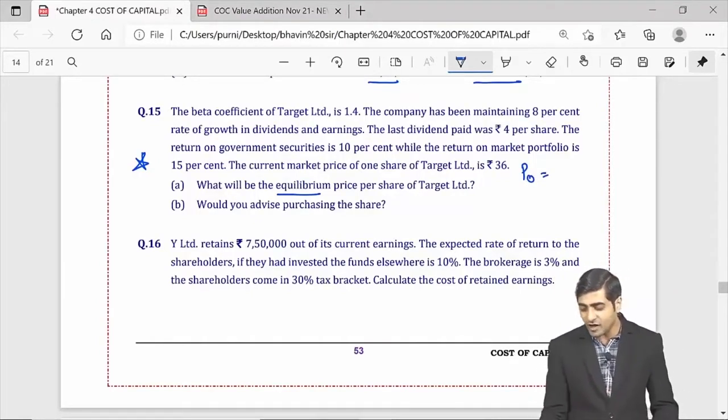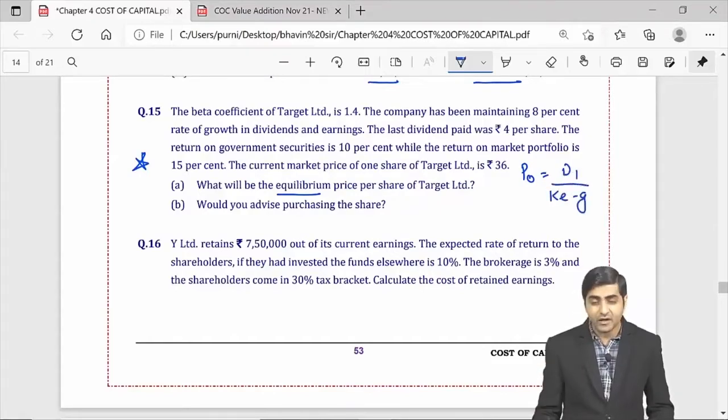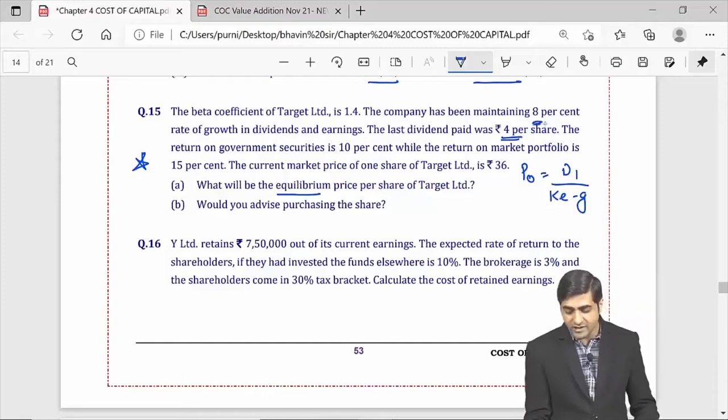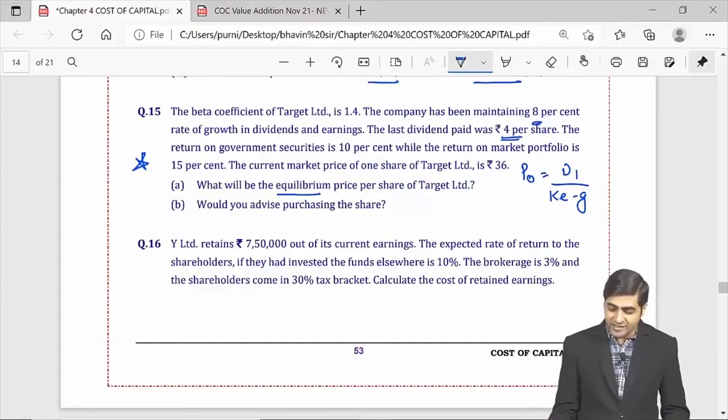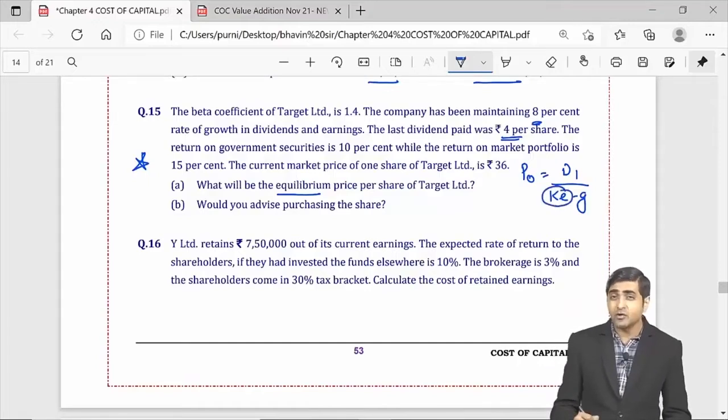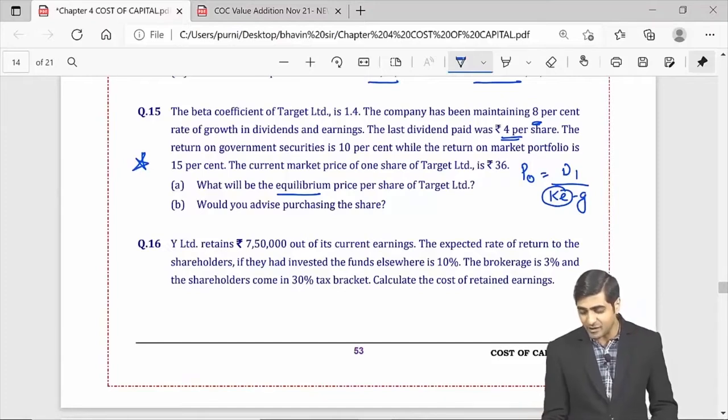So your P0 will now become D1 upon KE minus G, and guys, you will be having your dividends as last year dividend is 4 rupees, and we have the growth rate also available, which is 8%, and at the same time the KE is available as, in this particular question, KE is not given to you directly, but you can calculate this with the help of the capital asset pricing model.